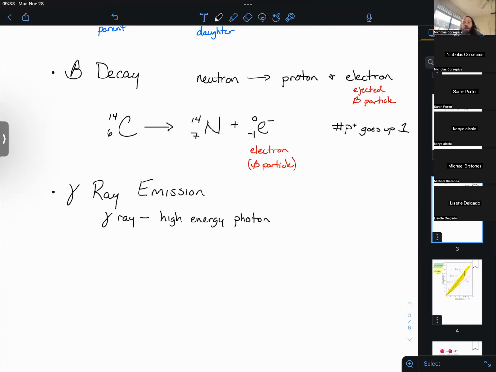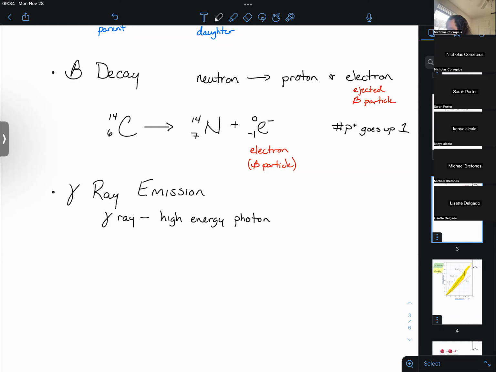Remember, photons are particles that make up electromagnetic radiation. So light is made up of photons. That's what's being streamed down at you from your light bulb overhead right now, a stream of photons. But we can only see within this very narrow region of that electromagnetic spectrum. There are waves that are longer than that and shorter than that. The highest energy of those photons are what are called gamma rays. Okay, even higher energy than X-rays.